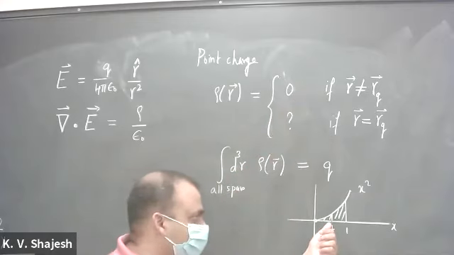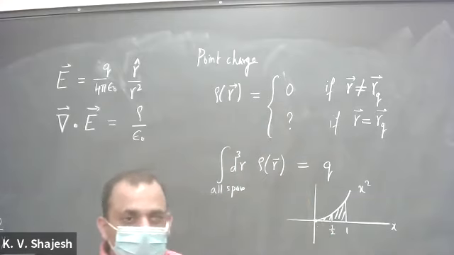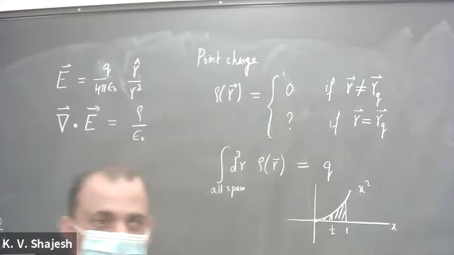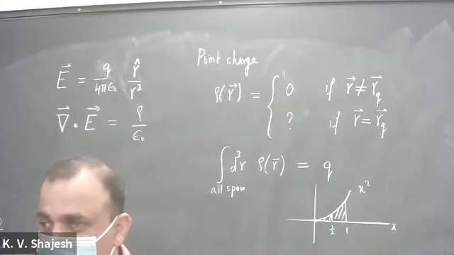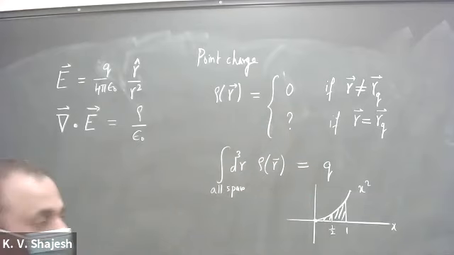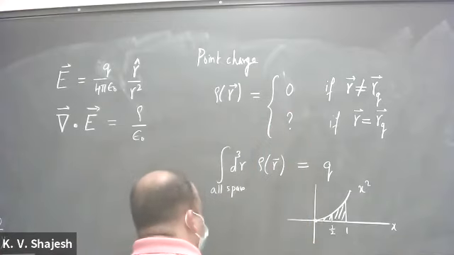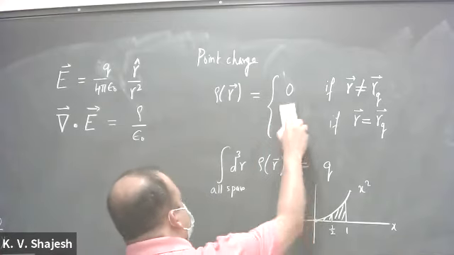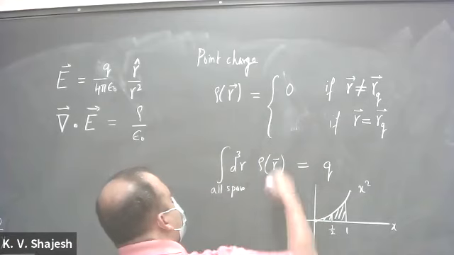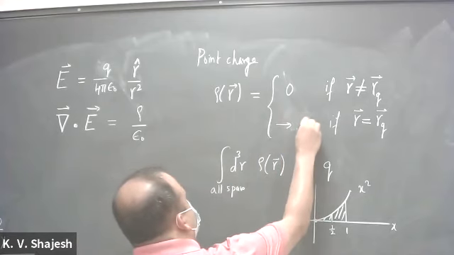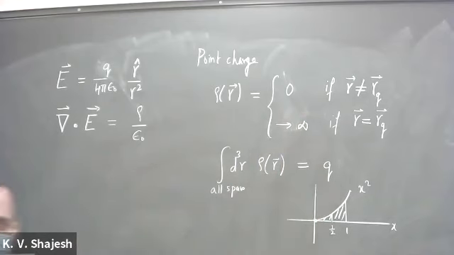But there is a caveat: this is all okay as long as it's not an infinity. If there is an infinity, then you have to be more careful. And the only way both of these statements can be true is if this is infinity. So let's say it tends to infinity.